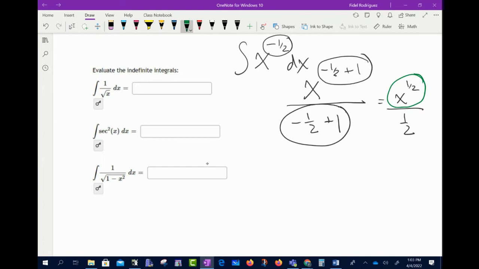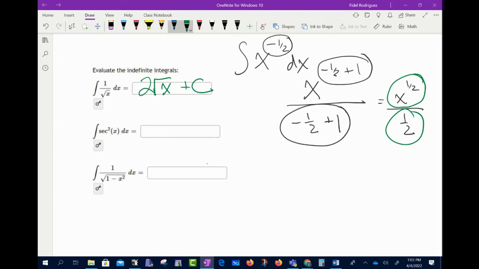Anybody know? Square root, good. Square root of x. Does anybody know how would I simplify dividing by 1/2? Multiplying by 2 plus my constant of integration, right? Because when you divide by 1/2, it's the same thing as multiplying by 2, right?